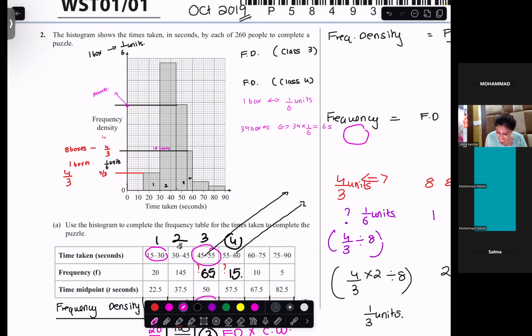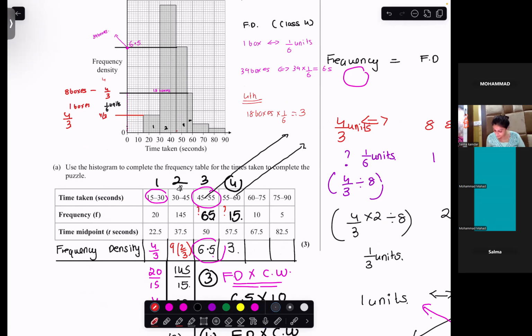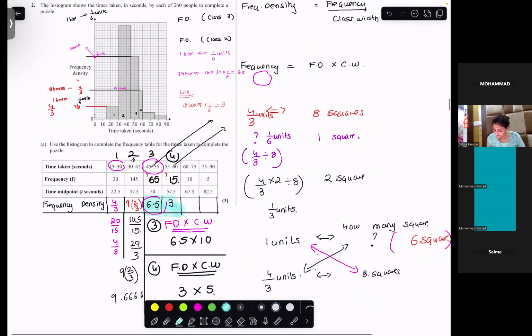So the frequency density for this one would be 6.5, and the frequency density for our fourth class would be 18 into 1 divided by 6, so it is 3. So we can get the frequency density in another way also. And then we can use the formula frequency density into class width to get our desired frequency.